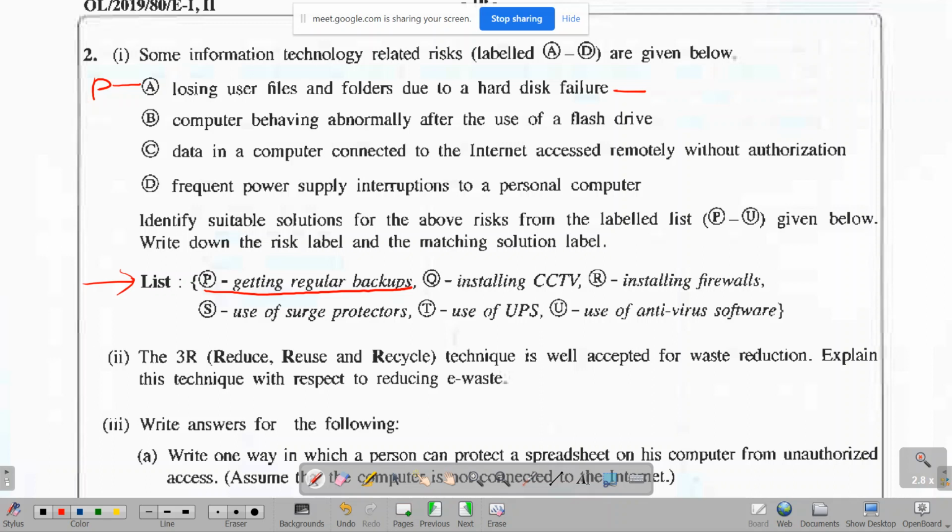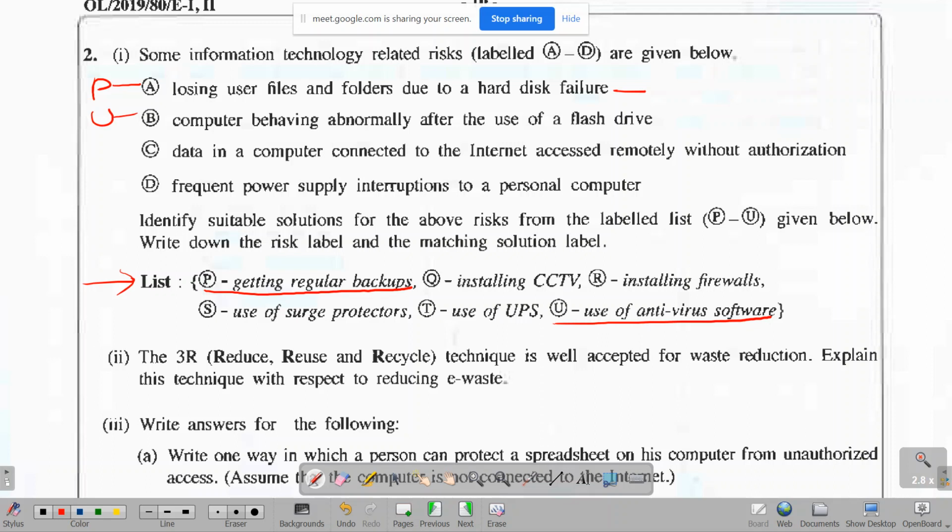So the second one, computer behaving abnormally after the use of a flash drive. It could happen for many reasons, but since the reasons are given inside the list, use of antivirus software will protect you from the viruses.